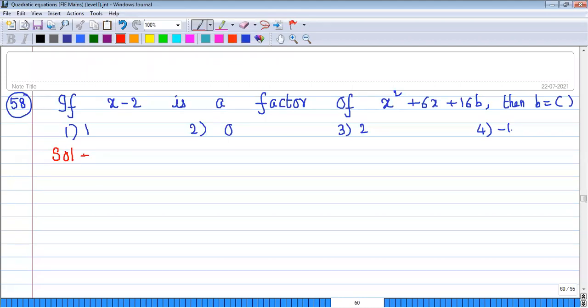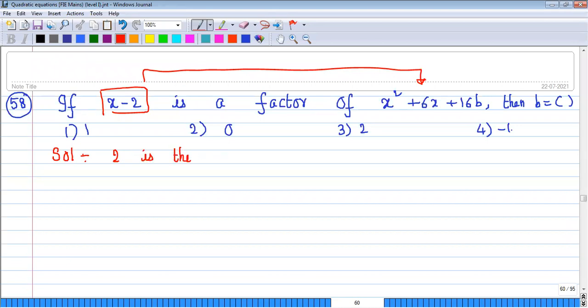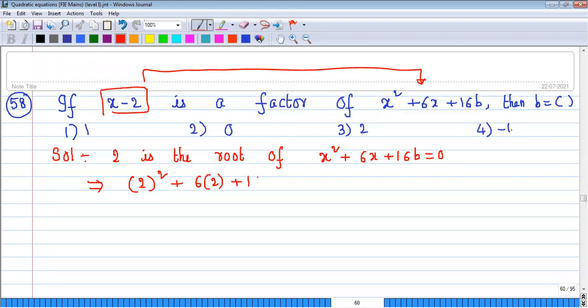Since x minus 2 is a factor of this one, so 2 is the root of x square plus 6x plus 16b is equal to 0. Being 2 the root of the equation, it must satisfy. So in the place of x, substitute 2. 2 square plus 6 times 2 plus 16b equals 0.